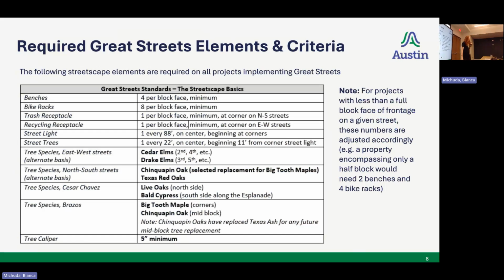Those are every 22 feet on center, and they are a 5-inch caliber minimum. They are listed here on the slide as specific tree species for whatever street your development is located on for the street frontage. The only thing I wanted to point out here again is that Chinkapin oak at the very bottom of this table has been substituted out for the Texas ash.